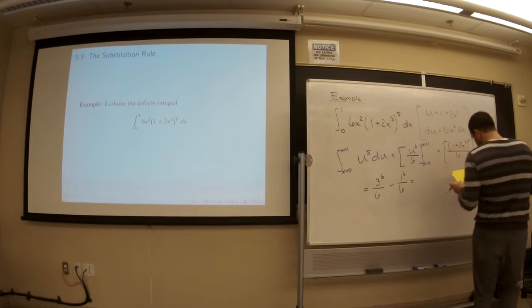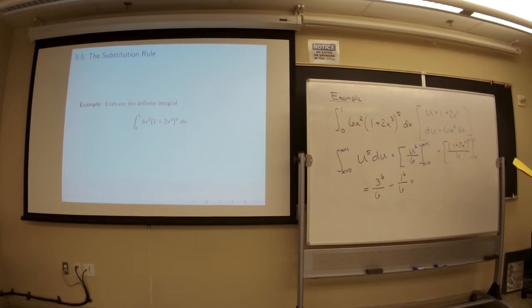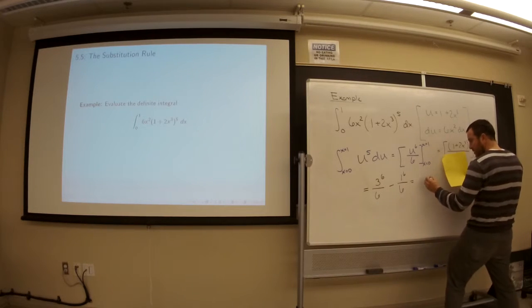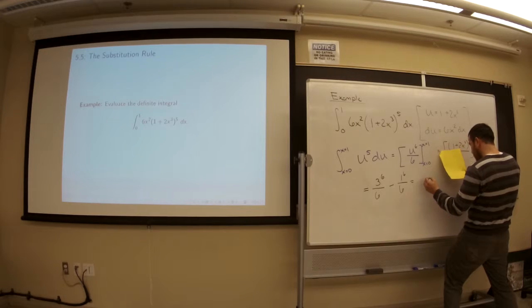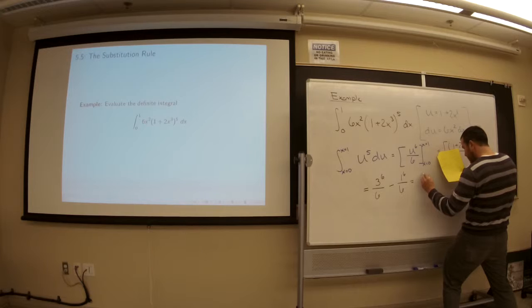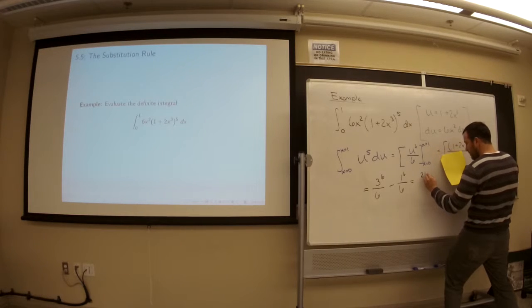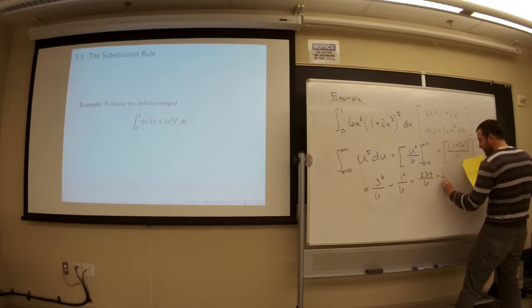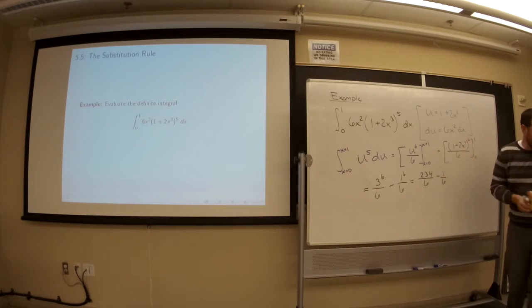Which is 234 over 6 minus 1/6. Let me just make sure that's right.